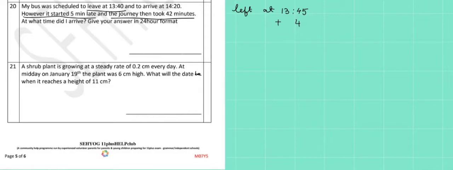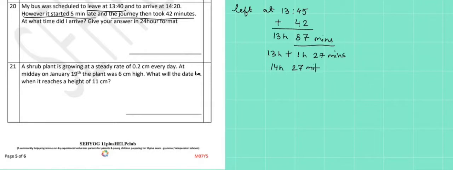So we add 42 minutes and we get 13 hours and 87 minutes. So 13 hours and 87 minutes can again be broken down, that is 1 hour 60 minutes and 27 minutes more. So which means 14 hours and 27 minutes is our answer.